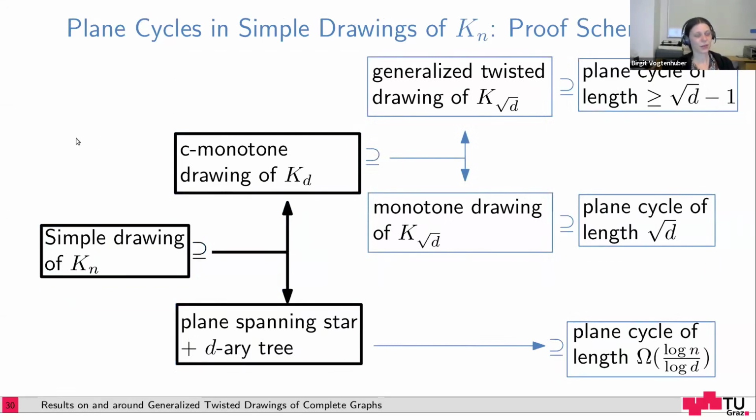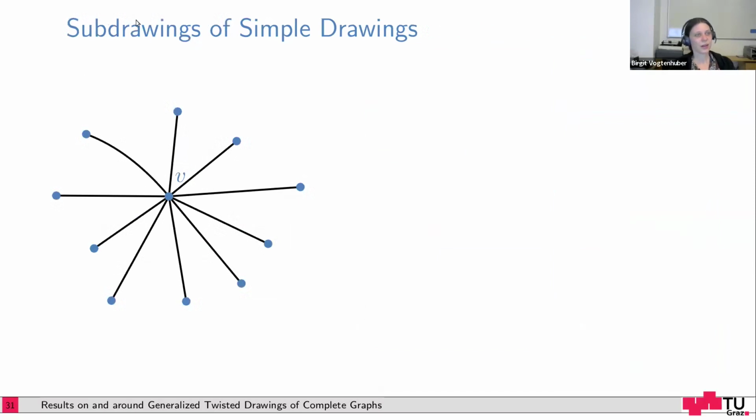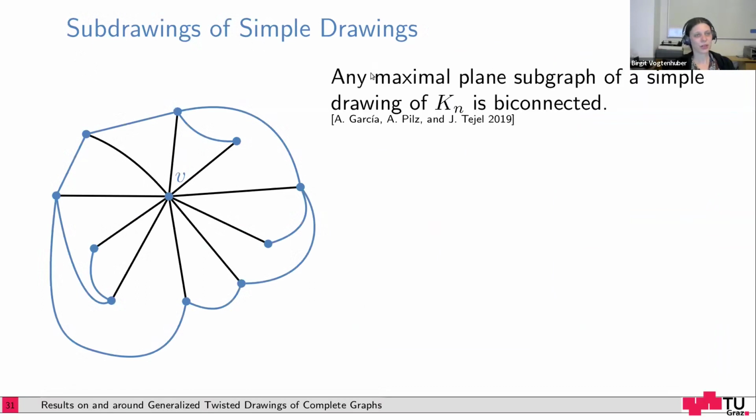And then for that part, we use a result that I've mentioned before by Alexandra and Javi and Alfredo on subdrawings of simple drawings. So what they showed is that any maximal plane subgraph, and now it's important that it's maximal, is biconnected, and then taking this, starting with the star and adding edges until we have a maximal plane subgraph, we obtain a plane drawing that contains the plane spanning star plus a tree.